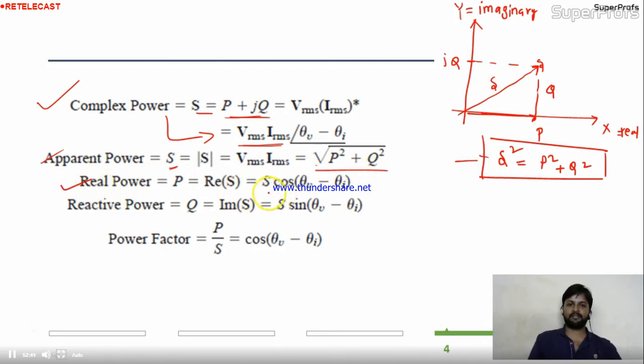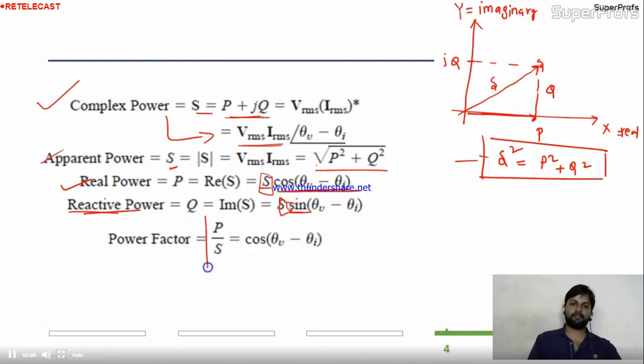The real power P is nothing but Vrms Irms into the cosine of the angle between current and voltage. For the reactive power, I take sine: the apparent power S multiplied by sin(theta V minus theta I).